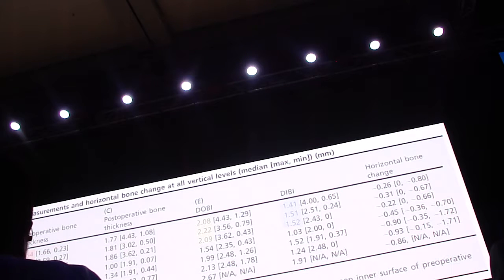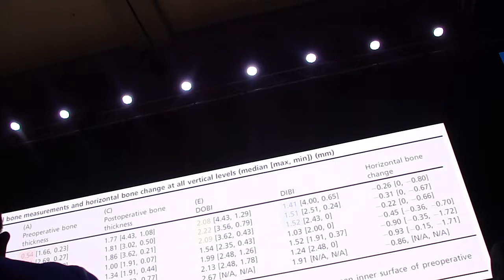So if we add this together, the DOB, the yellow number, you will have the 2 millimeter, which is outside the buccal bone to outside of the implant surface. 0.5 millimeter of bone thickness, 1.5 millimeter of jumping distance. So you have 2 millimeters in these implants at the day of surgery.